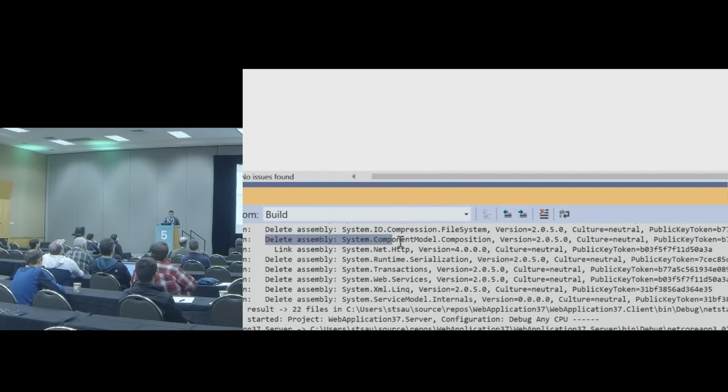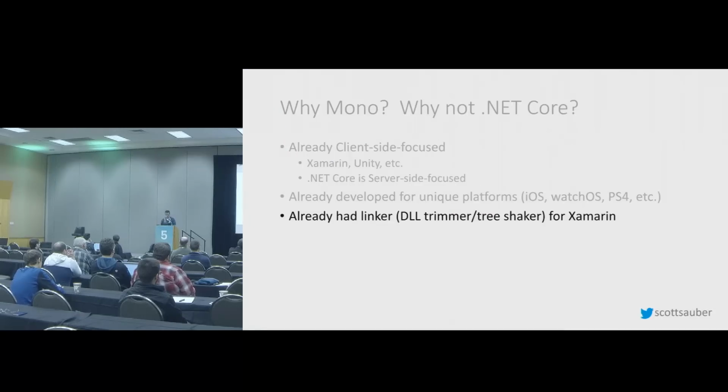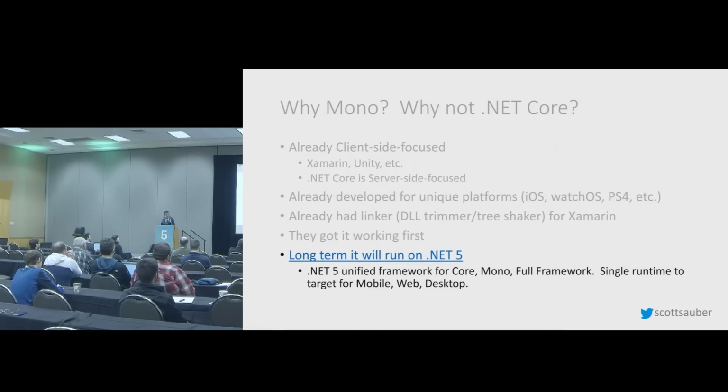So it's saying, hey, you're not using system.componentModel.composition, let me go ahead and delete that out. But I am using system.net.http for HTTP client, so let me keep that in. So this is how you get that 80, 100 meg framework down to 2.4 megs. Like I said, they just got it working here first.